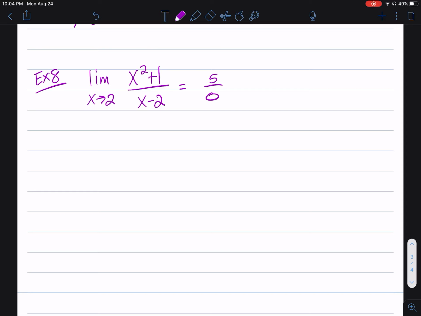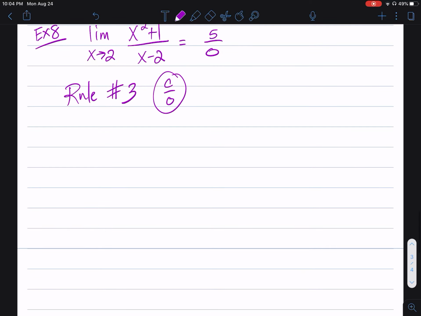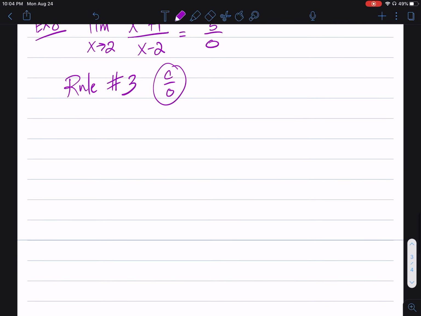So this is not 0 over 0. This is a constant over 0. So this is actually going to be rule number 3, but we're not going to learn it today. We're going to learn it later. So that's some constant over 0. Just be aware that's something we're going to learn later.